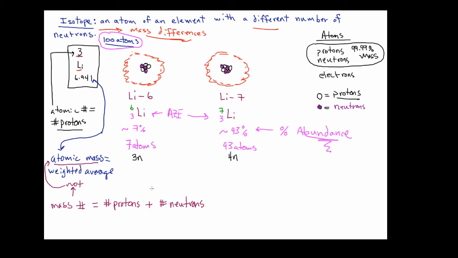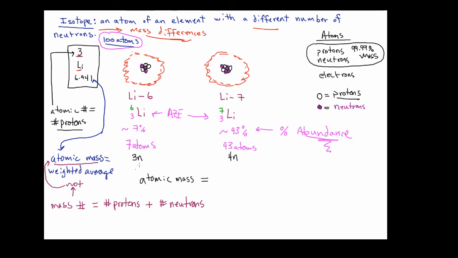So the question is, to finish the video, how do we relate mass number to this concept of atomic mass? All right. Again, at the beginning of the presentation, I said atomic mass is a weighted average. So how's this going to work? Our atomic mass will represent the sum of the masses of the two types of atoms, accounting for their percent differences in the sample.